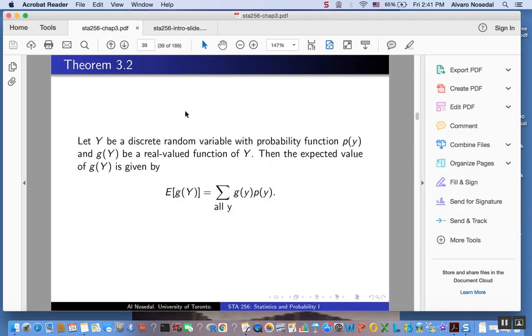It's theorem 3.2 from our textbook, right? And we used it in another video to find the variance of a random variable.